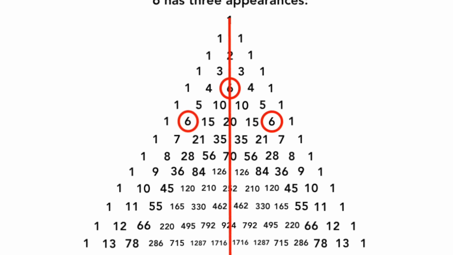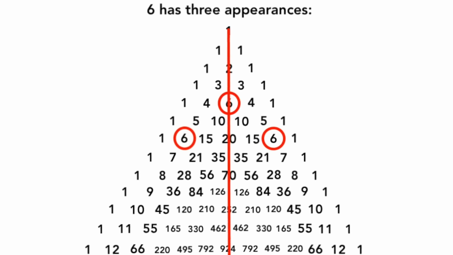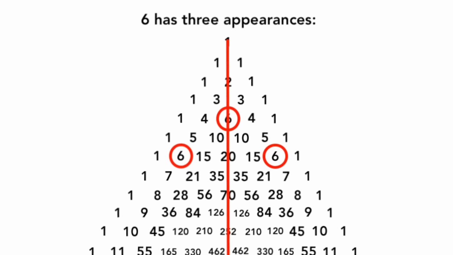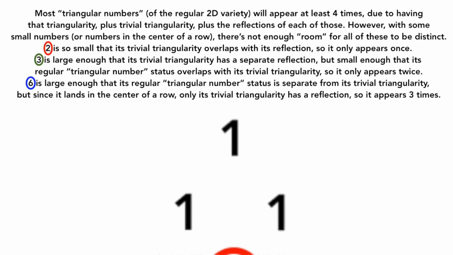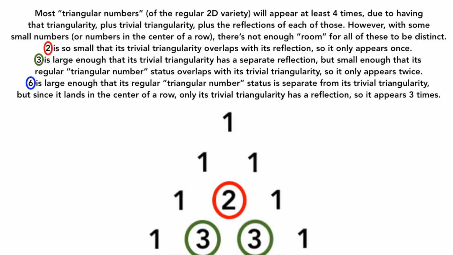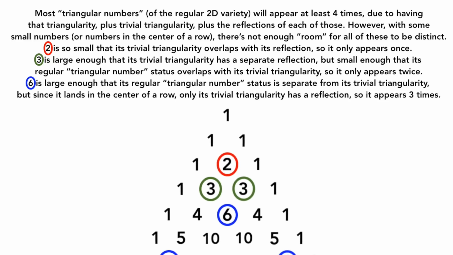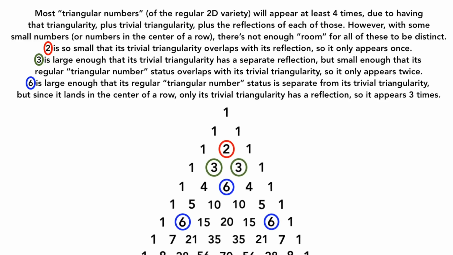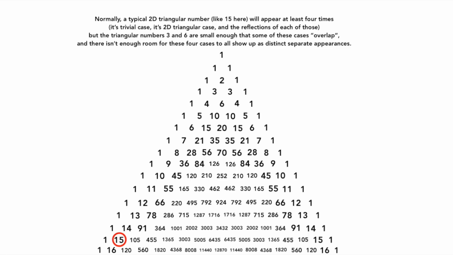It lands right in the middle of a row. So 6 appears exactly 3 times, whereas 2D triangular numbers larger than that are guaranteed to appear at least 4 times. Their trivial case, their 2D triangular case, and a reflection of each of those.